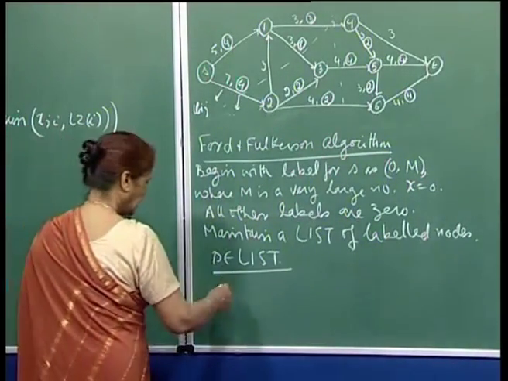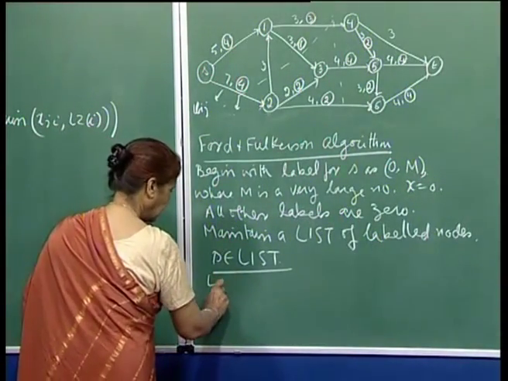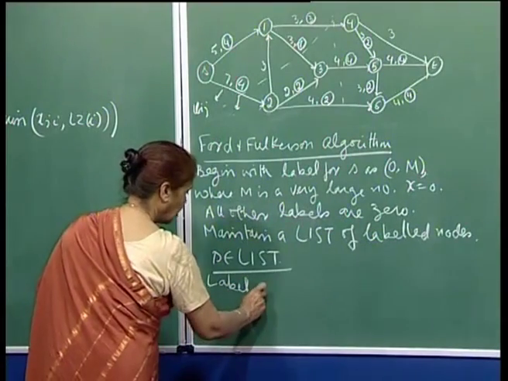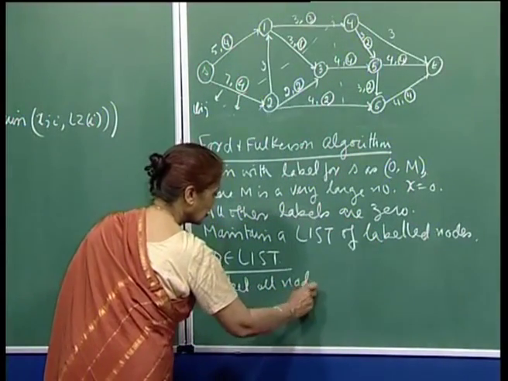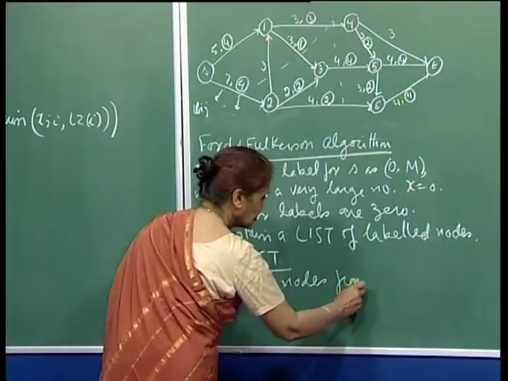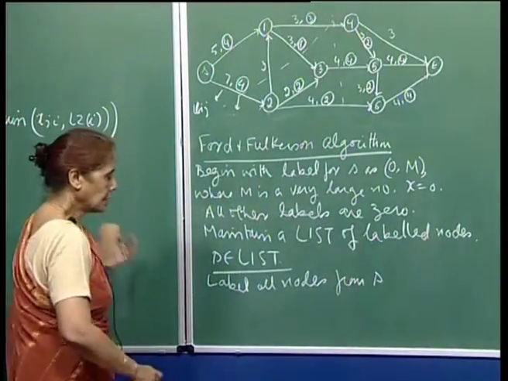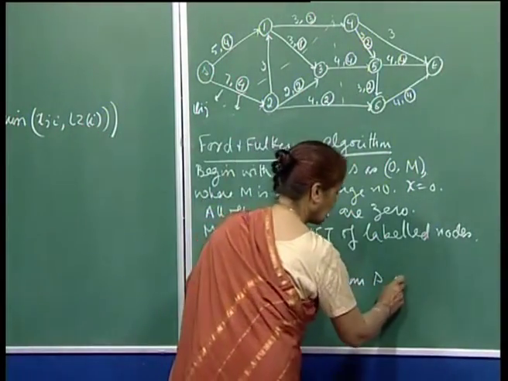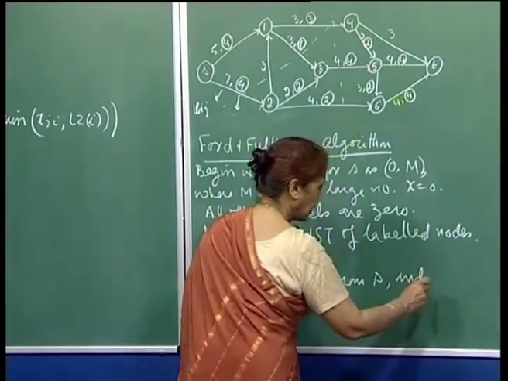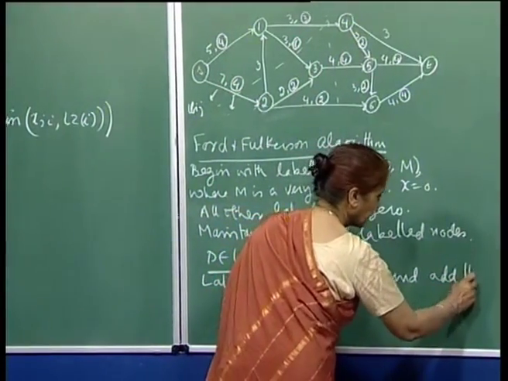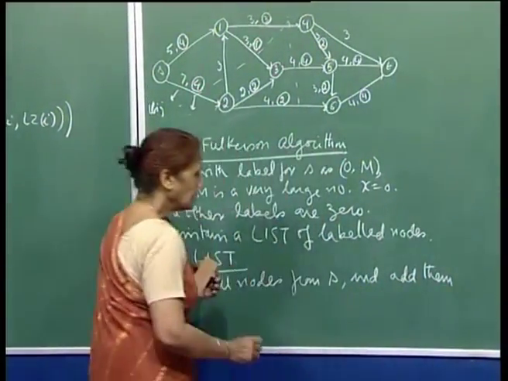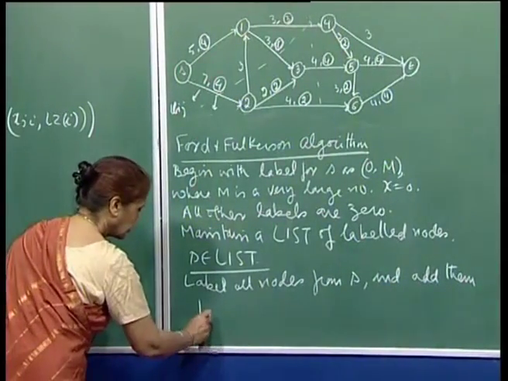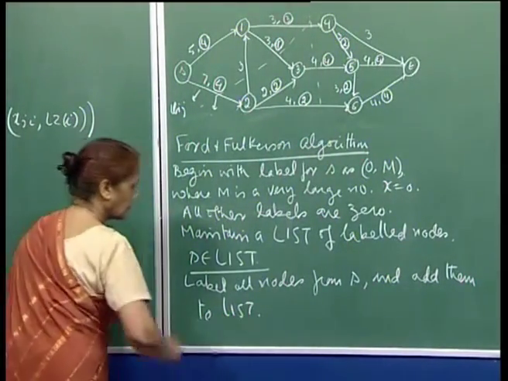Now you label all nodes from S by our method and add them to the list.